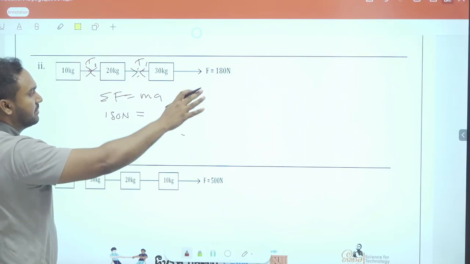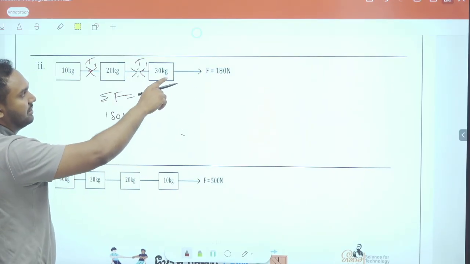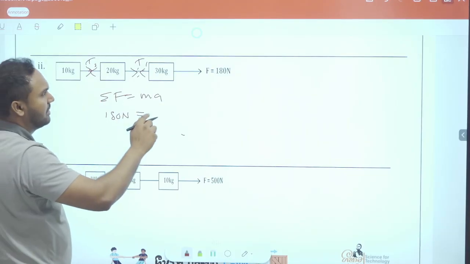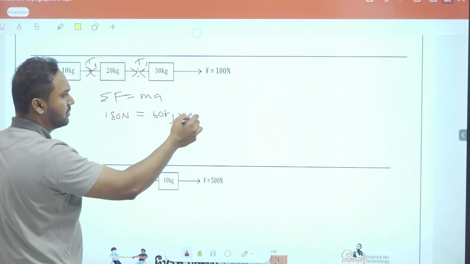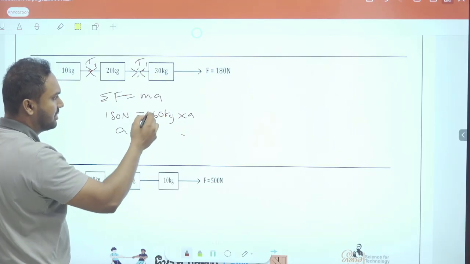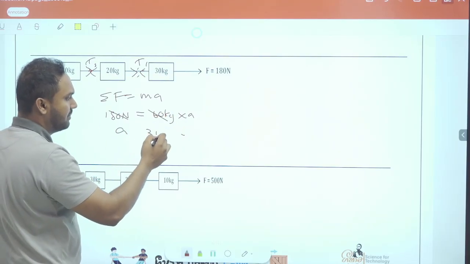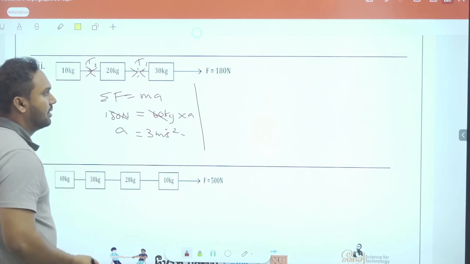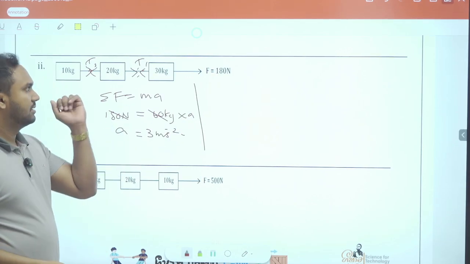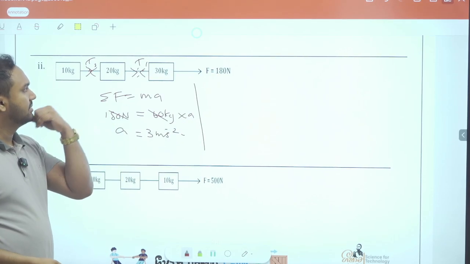The complete system is moving, so the complete mass should be taken: 30, 20, 10 is 60 kilograms, into the acceleration. So the acceleration is how much now? 3 m/s^2. That is the acceleration. So you have to isolate each of the masses to find the tension.